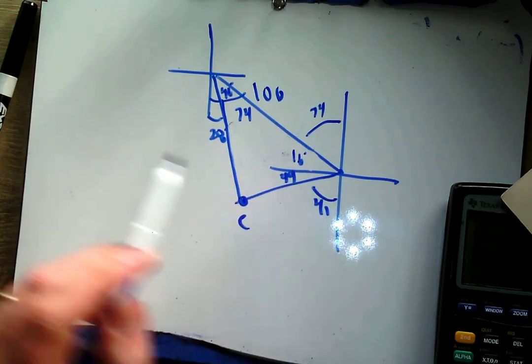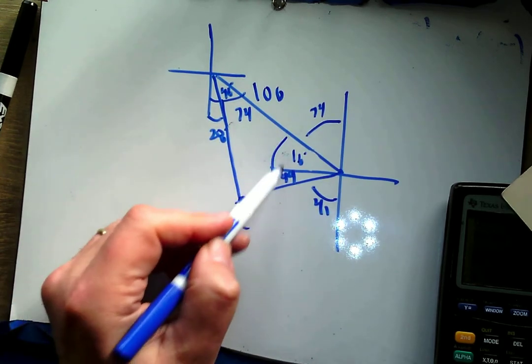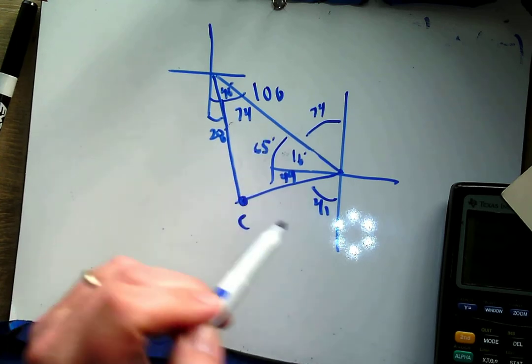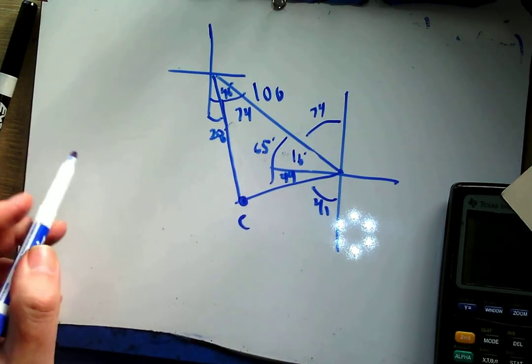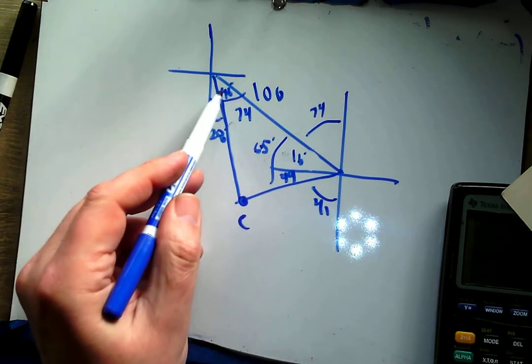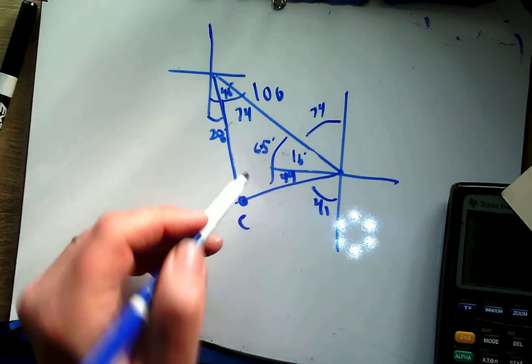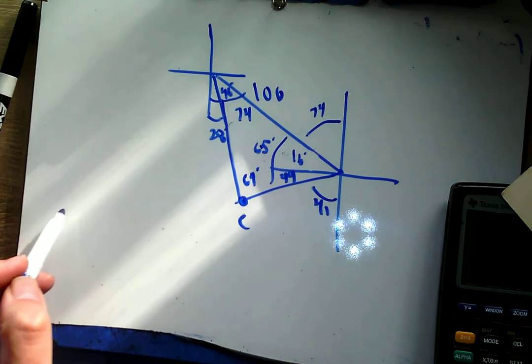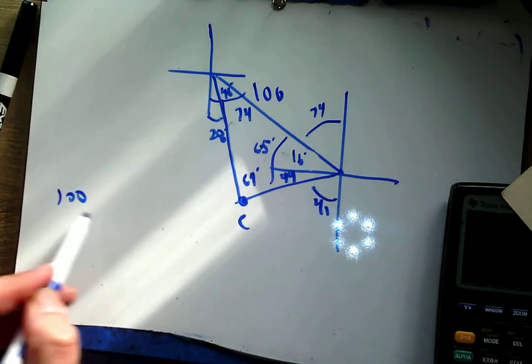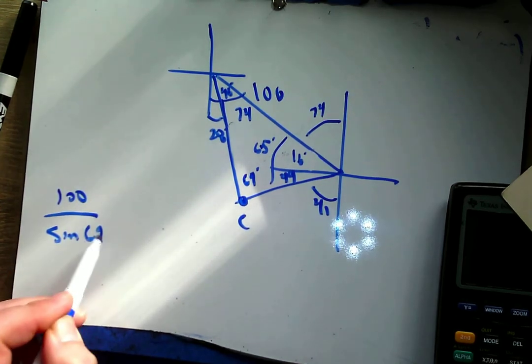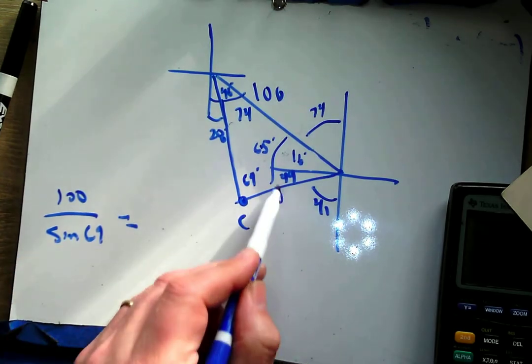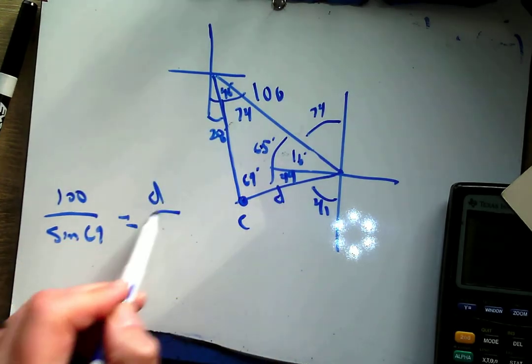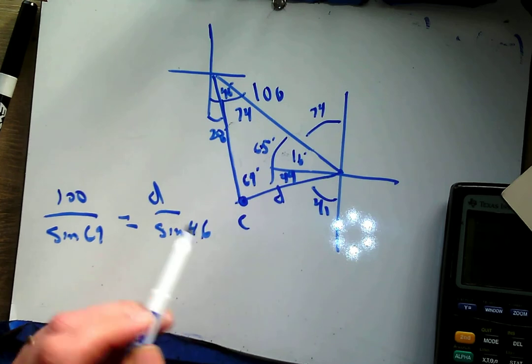That's probably where my mistake was. So this whole angle is 65 degrees. There we go. So 65 and 46 is 111. And so this must be 69 degrees here. Now we've got it. So 100 over sine of 69 equals d over sine of 46.